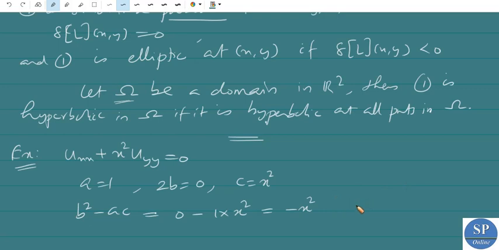Which is equal to 0 if x is equal to 0, and which is less than 0 if x is not equal to 0.